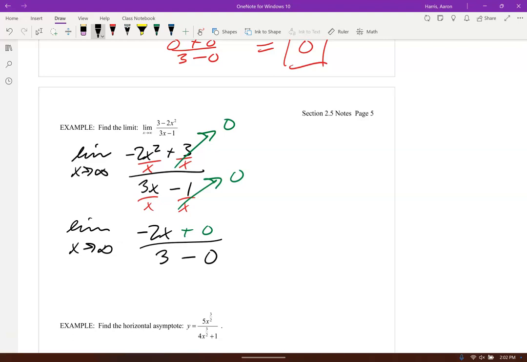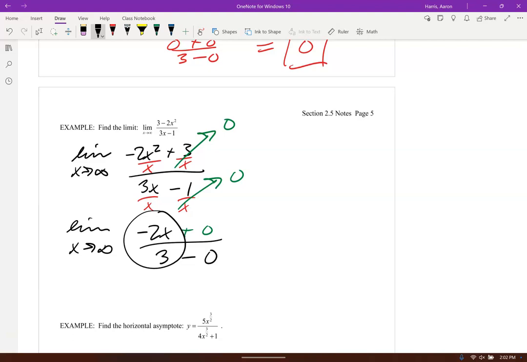All right, so I've got this negative 2x over 3. And so at this point we say, throw that negative in. If you want to even think about negative 2x, negative 2/3 x, right?